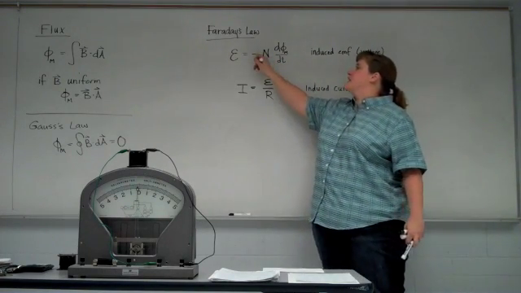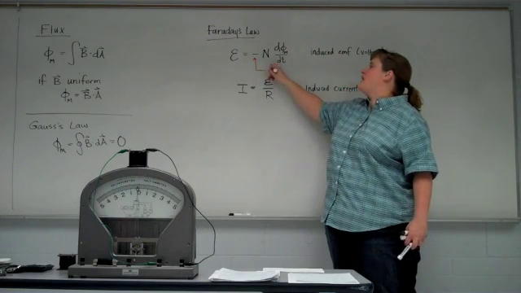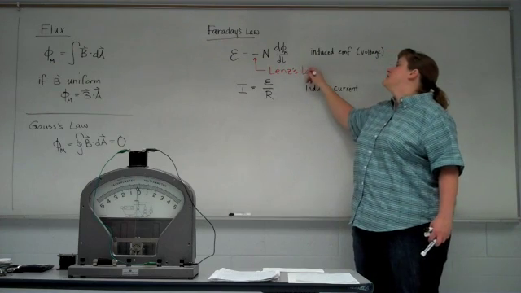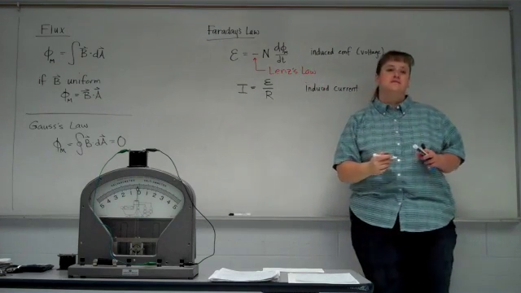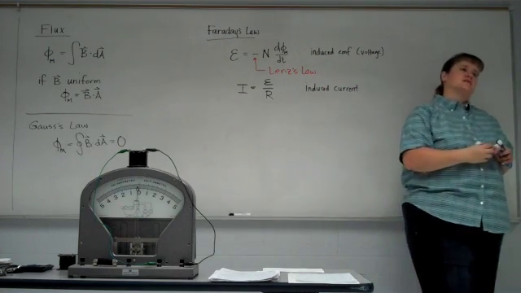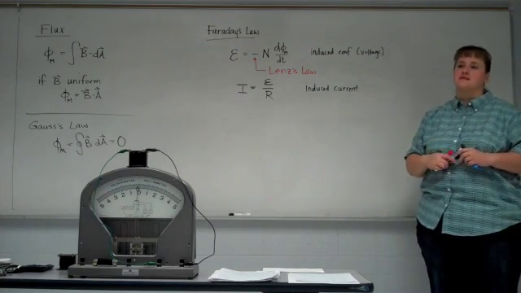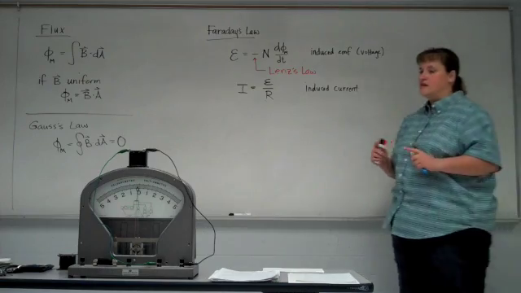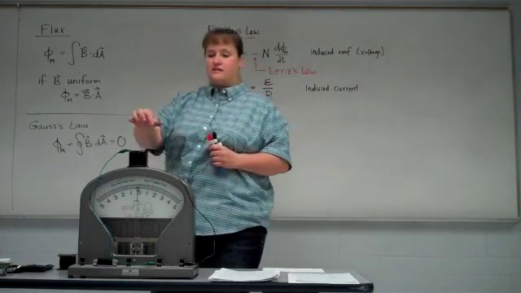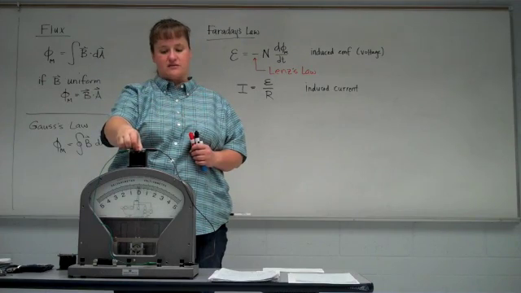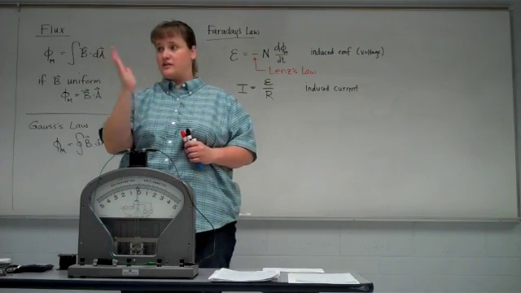Now this negative sign is a law in and of itself. We call it Lenz's law. Just saying a negative sign isn't really it; what that negative sign means is what Lenz's law is. If you remember, if we move the magnet in one direction and then the other direction, we get a different current.